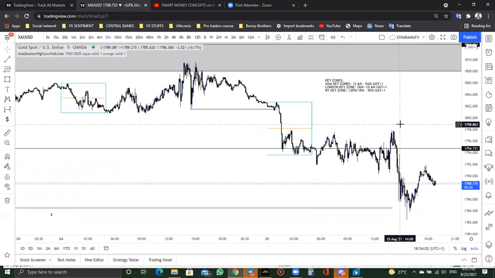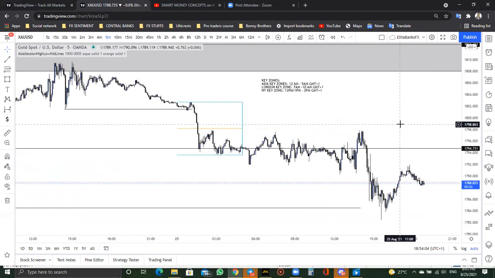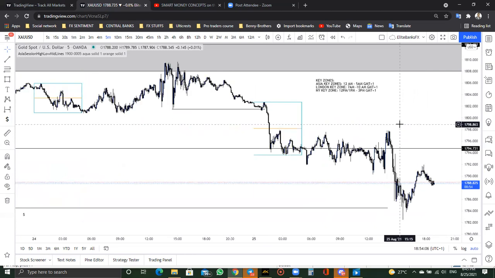What we do is that we want to know the higher time frame intentions first. By higher time frame intentions, I'm talking about from 4 hours and above. You can see the time frames I have here. From 1 hour and below are my lower time frame intentions.